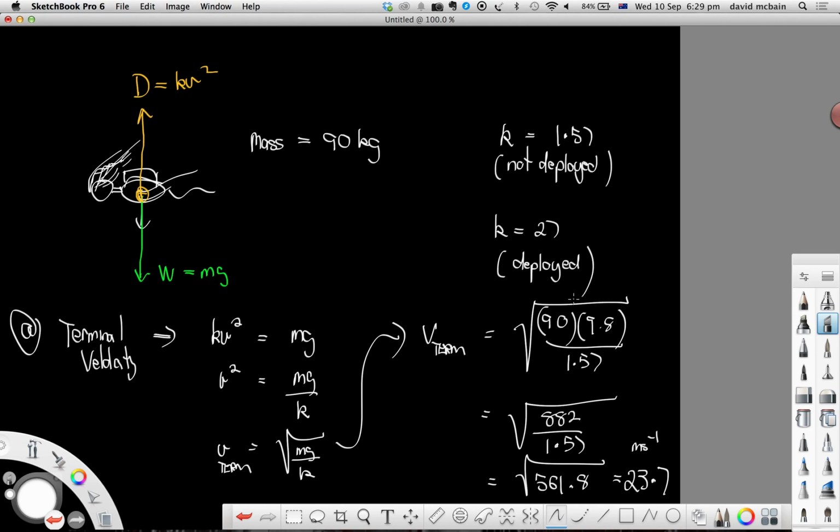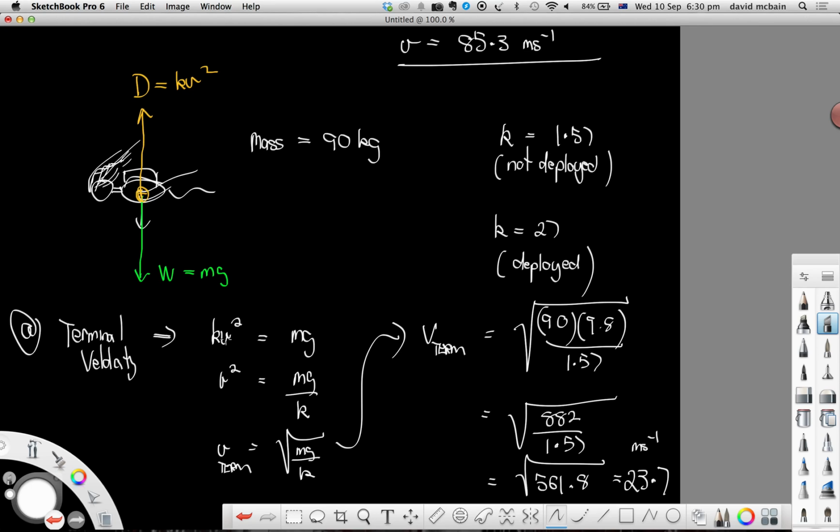Times that by 3.6, and that will equal 85.3 kilometers per hour. Seems a little bit low, actually. Let me just check something. So mass is 90. I think this is probably too high a value when not deployed.